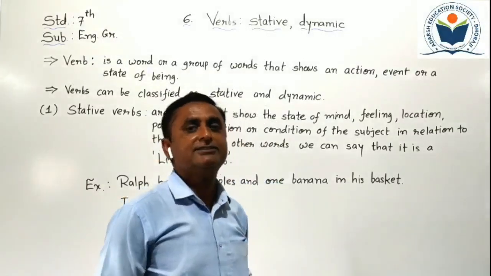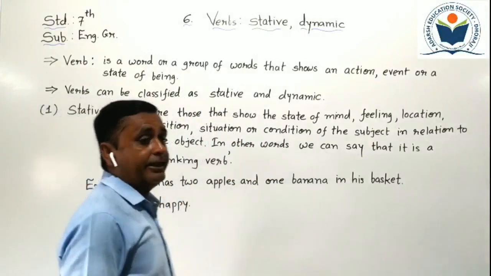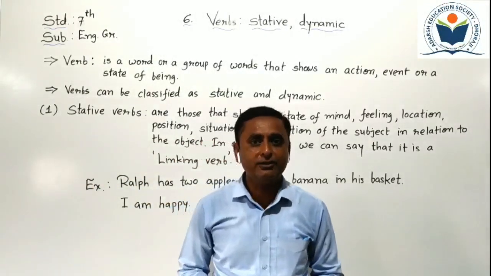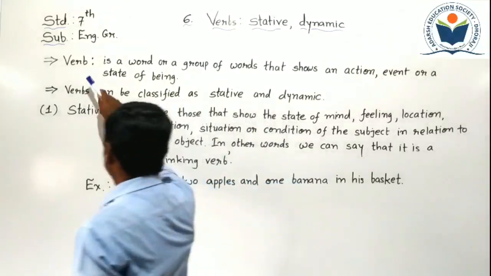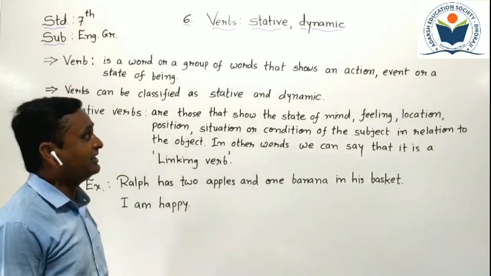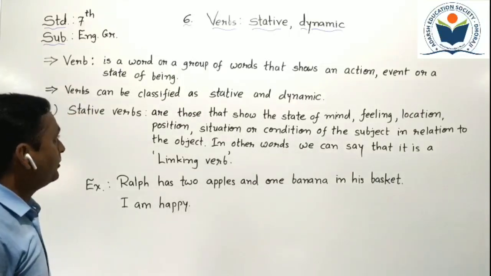So students, let's start. First of all, I start with a definition of verbs. What is a verb? We have to understand about it. Verb is a word or a group of words that shows an action, event or a state of being.